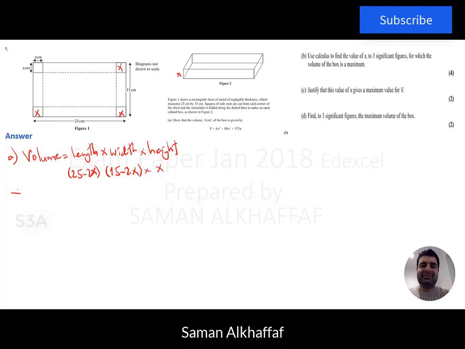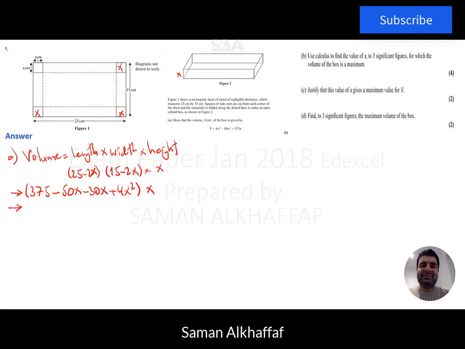So now the next step will be multiplying these two brackets by each other, and then multiplying by x. So that will give us 375 take away 50x and take away 30x plus 4x squared, multiplied by x.